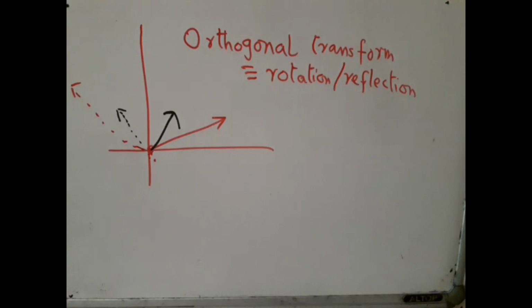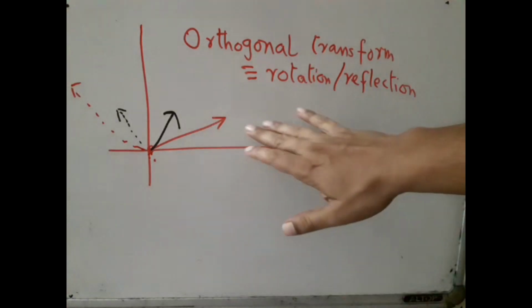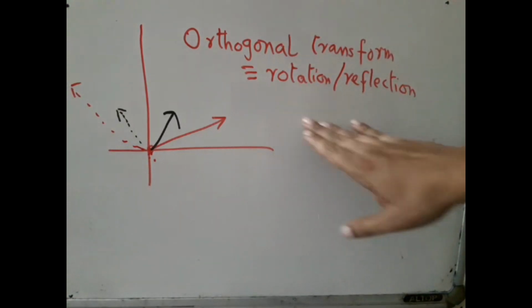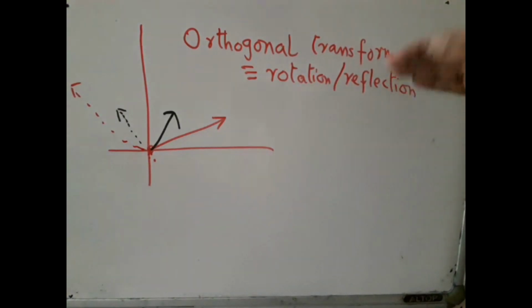Now, my description is somewhat incomplete because what I showed is any orthogonal transformation is an isometry. It's a rotation or reflection, but I have really not shown the other way around.